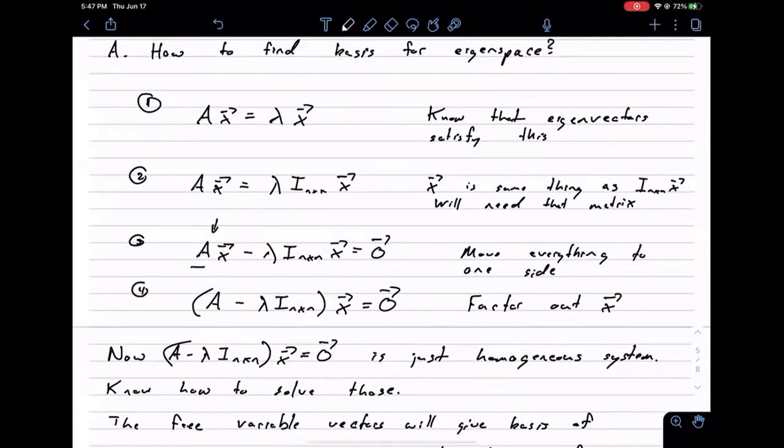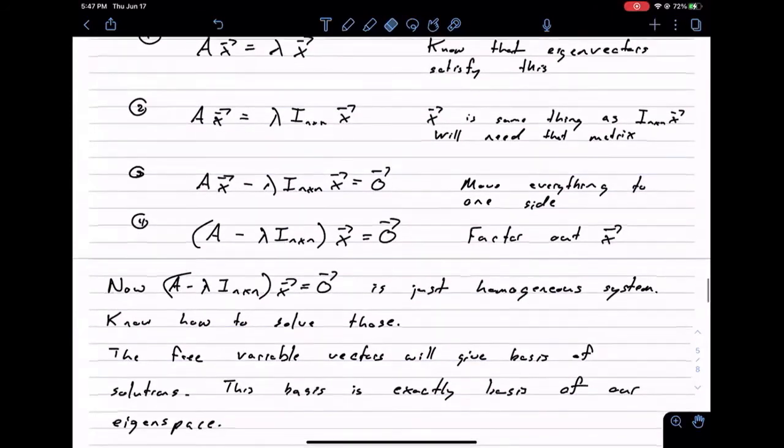Well, I'm just left with a matrix A. What about when I factor x from here? I'm left with a matrix lambda times the identity matrix. So in other words, I have A minus lambda I times x, and all of that is equal to the zero vector.